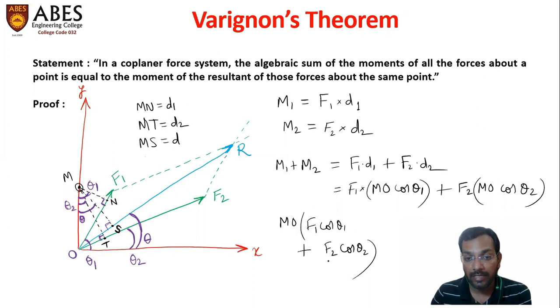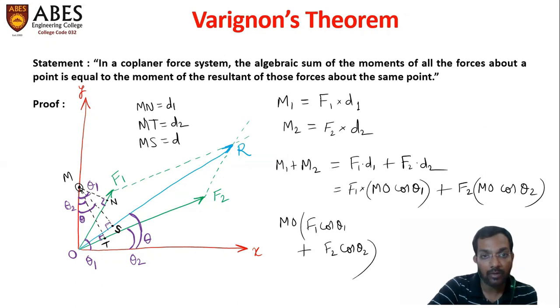The resultant of F1 and F2 is R. Therefore, the summation of these two can be written as R cos theta. So let's replace this bracket with R cos theta.